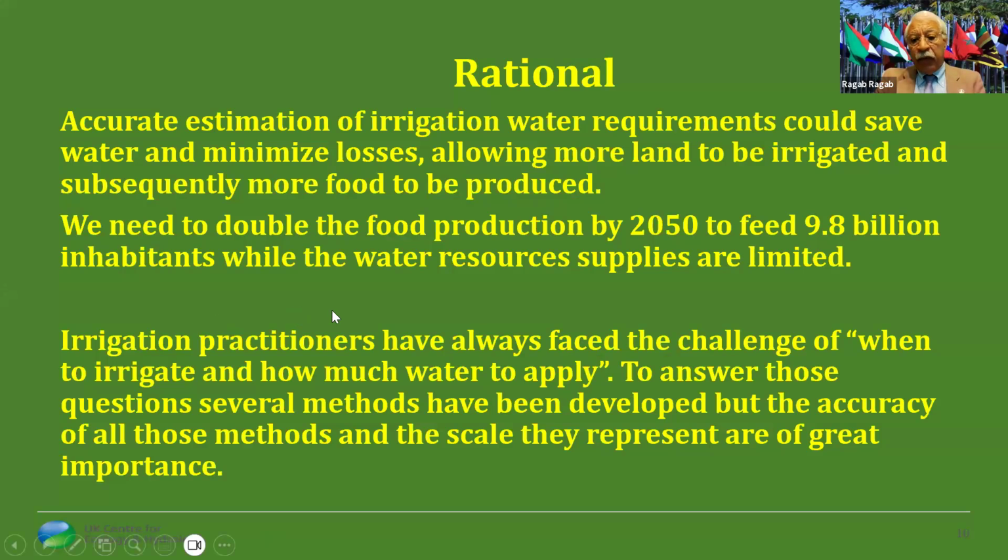Also, we need to double our food by 2050 to feed 9.8 billion inhabitants, while the water resources supplies are very limited. Irrigation practitioners have always faced the challenge of when to irrigate and how much water to apply. To answer those questions, several methods have been developed, but the accuracy of all those methods and the scale they represent are of great importance.